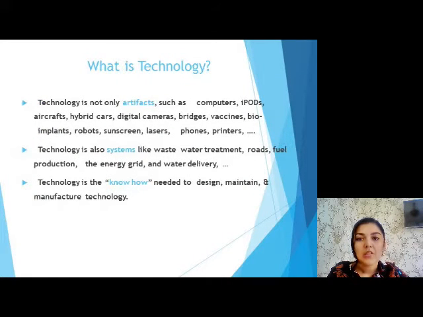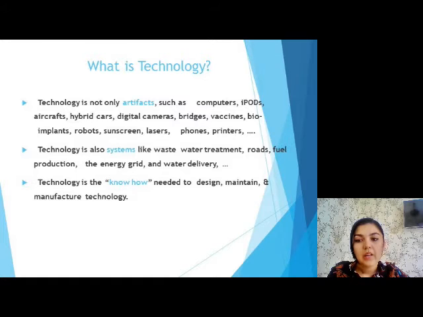Technology is not only artifacts such as computers, iPods, aircraft, hybrid cars, digital cameras, bridges, vaccines, bioimplants, robots, sunscreen, lasers, phones, printers. Technology is also a system like wastewater treatment, roads, food production, the energy grid, and water delivery. Technology is the know-how needed to design, maintain, and manufacture technology.